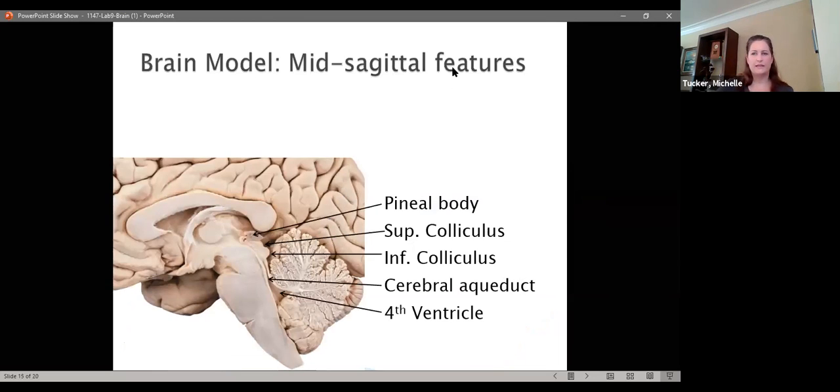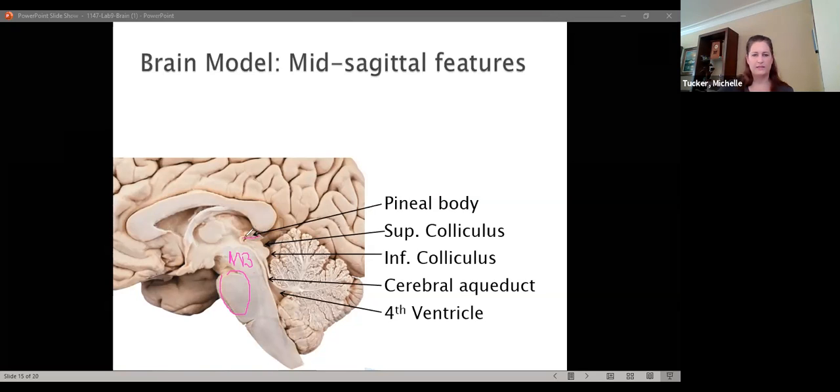Again, with the sagittal section, we have our thalamus, we have our hypothalamus. This is the pons. So if this is the pons, then this is the midbrain here. And the superior colliculus and the inferior colliculus are midbrain structures. Superior colliculus is on top, inferior colliculus is on the bottom.